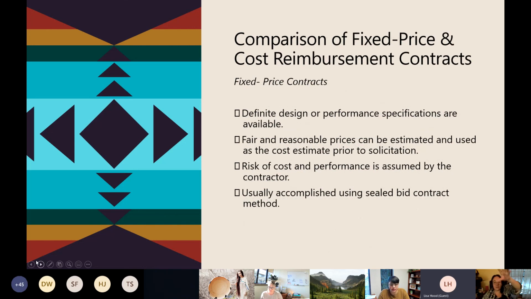Comparison of the two. In a fixed price contract, definite design or performance specifications are available. Fair and reasonable prices can be estimated and used as the cost estimate prior to solicitation. Risks of cost and performance are assumed by the contractor, and it's usually accomplished using a sealed bidding method.